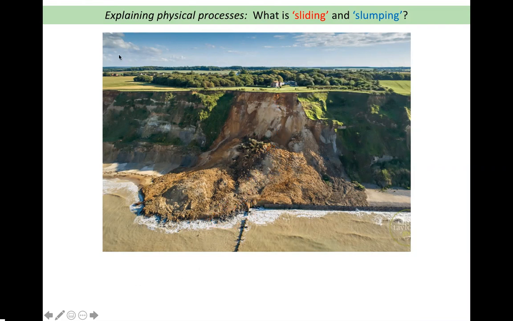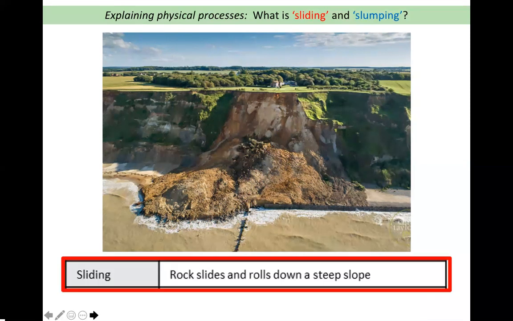This type of mass movement is sliding. So imagine the slope itself is a slide you get in the playground, and you rolled a tennis ball all the way down that slide, okay?